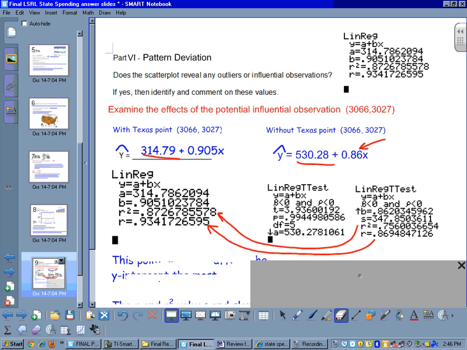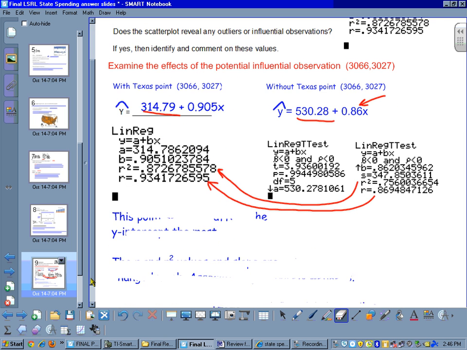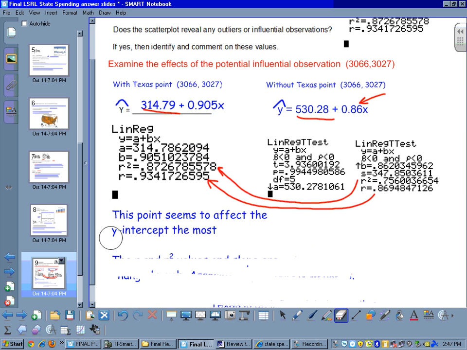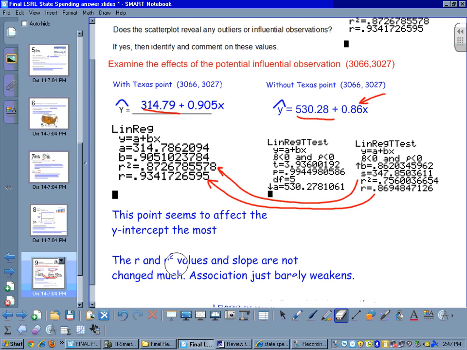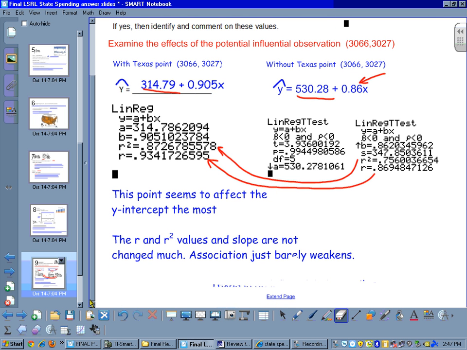It has decreased some, but not terribly a whole lot. So I say this point seems to affect the y-intercept the most. The r squared and r values are changed, but not too much. It just barely weakens the association. So I call it an influential point. Texas is influential because it influences the y-intercept quite a bit.